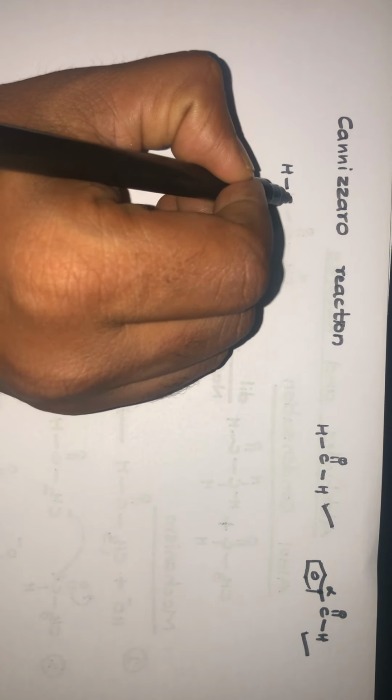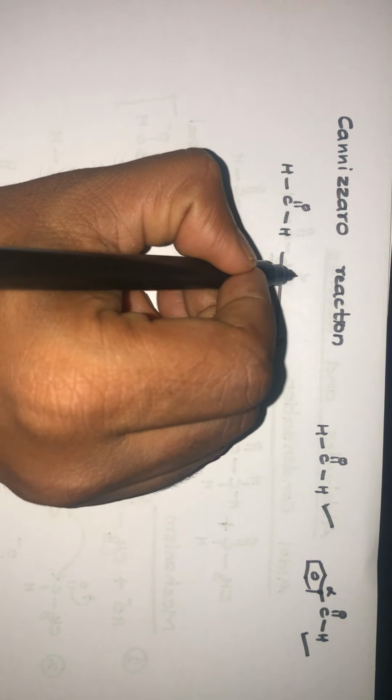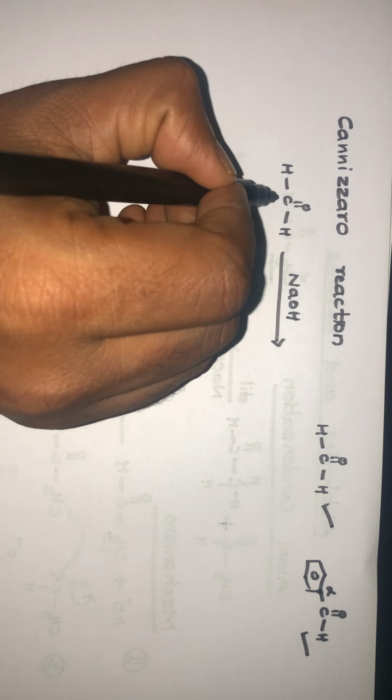Aldehydes which do not contain an alpha hydrogen atom, when treated with alkali, undergo self-oxidation and reduction. That means here also 2 molecules of the reactant will be used. One molecule gets reduced to the corresponding alcohol and another molecule gets oxidized to the corresponding carboxylic acid. For example, if you take formaldehyde and treat it with NaOH, it will not undergo aldol condensation.